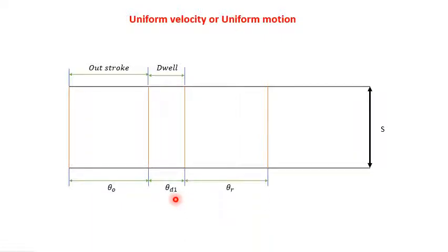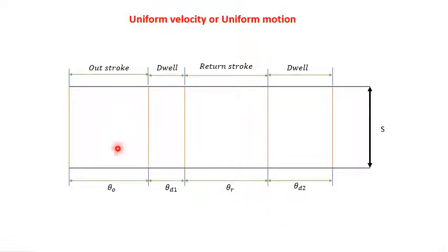Depending on the value, we have to split this horizontal line. Theta r represents the angle for the return stroke. So this is the return stroke. The last one is the second dwell, denoted by theta d2, which is nothing but a dwell.